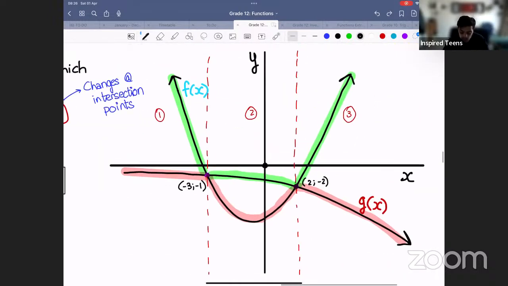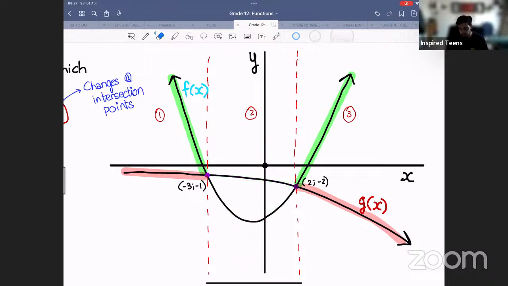So in which sections, 1, 2, or 3, is f of x above g of x? Okay, section 1 and section 3.